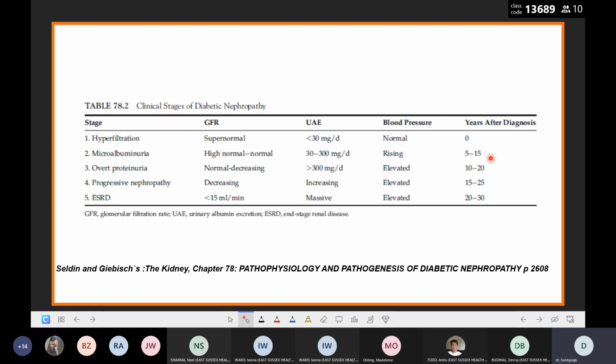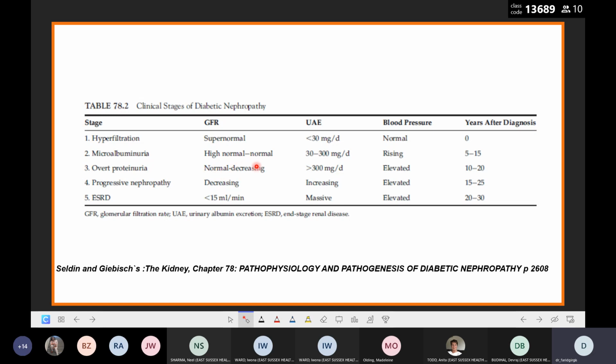And at 5 to 15 years, as you can see, microalbuminuria starts to happen, and still the filtration rate is high normal to normal, but there is microalbuminuria and the blood pressure starts to rise. Later on, this microalbuminuria turns into overt proteinuria.